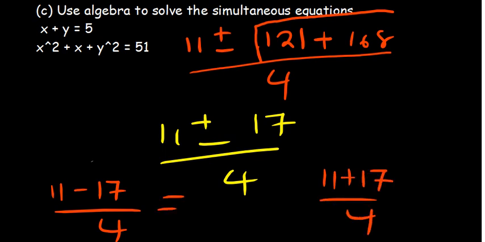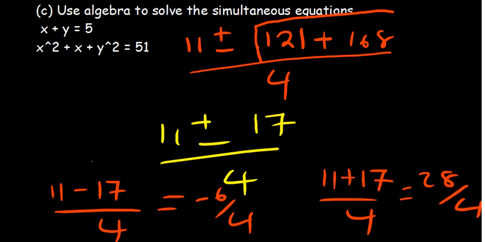So 11 minus 17 is what? 11 minus 17 is minus 6, by the way. So negative 6 over 4. Then 11 plus 17 is what? 11 plus 17 is 28.